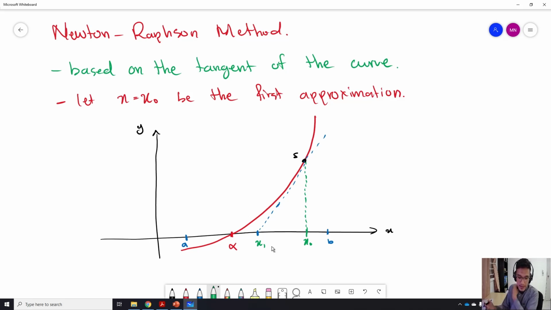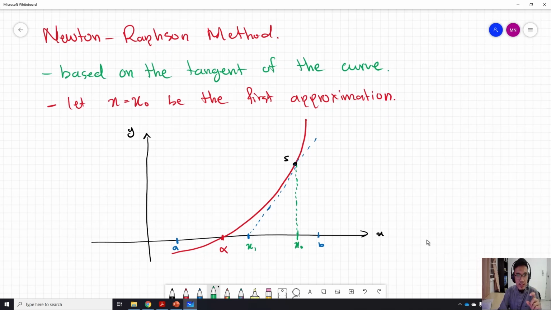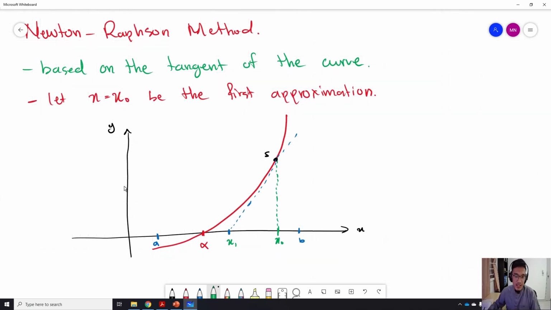Next, we focus on the tangent at the point S. The tangent at the point S is actually the derivative of the function, because it is in the form of dy over dx, so it is a gradient.